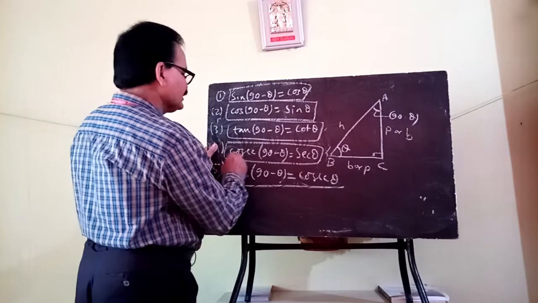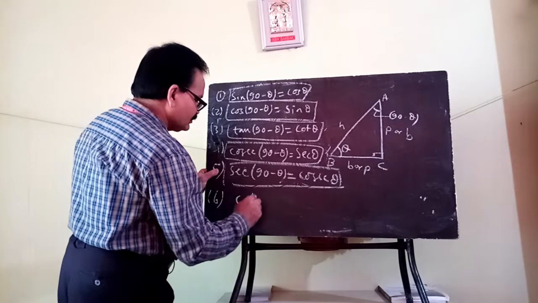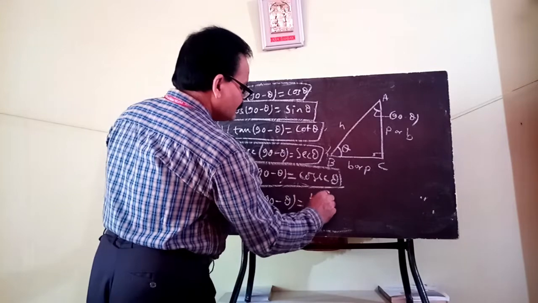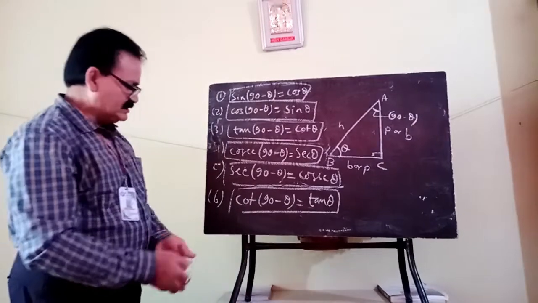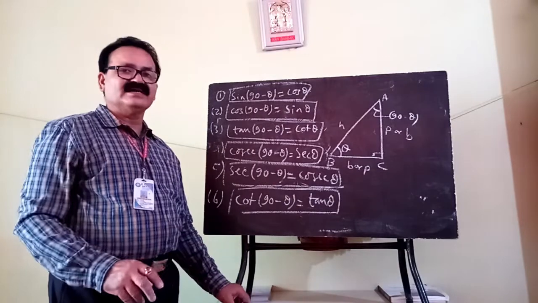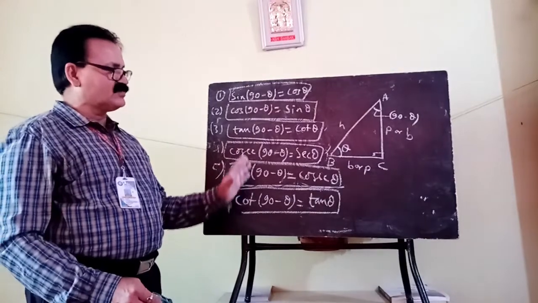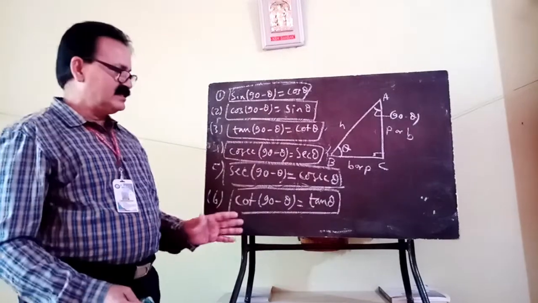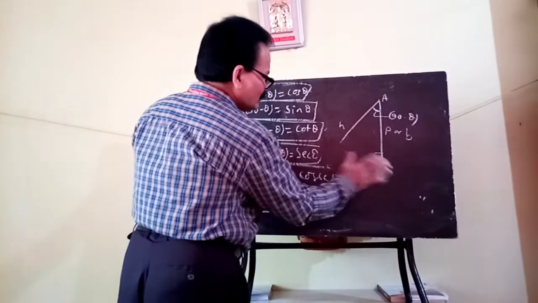This is your fifth relation, and the last relation, that is your cot 90 minus theta is your tan theta. Okay, these are the 6 complementary relations we have proved so far. We have derived all these relations. Now based on these relations you have to keep in mind, we have to solve the various numericals related to these exercises. Okay, let us do a few.